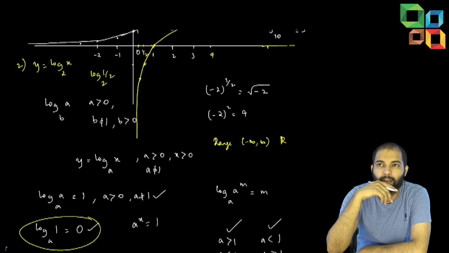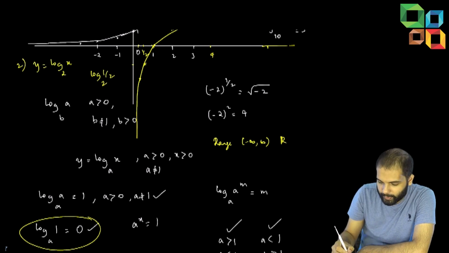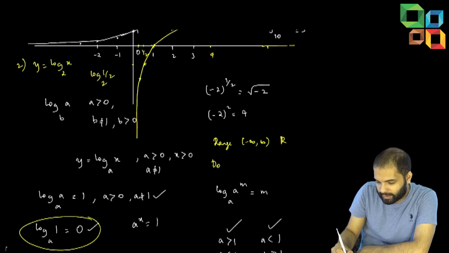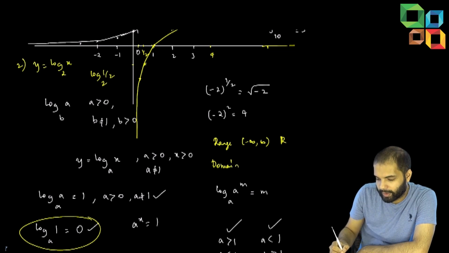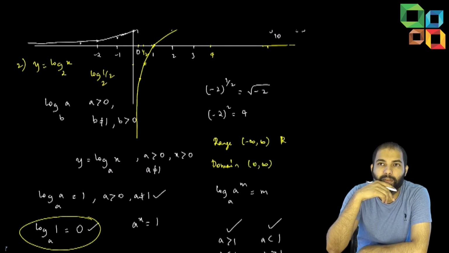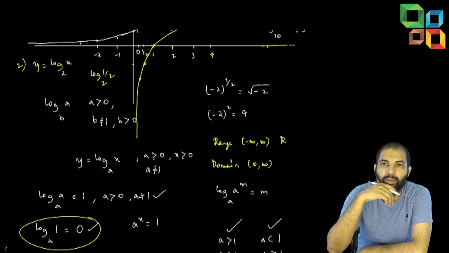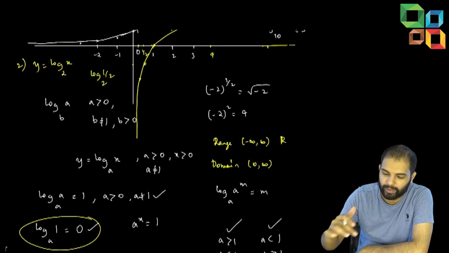Okay. Domain, now, if you ask, these terms we have discussed in functions. Domain is the input. We have seen that it takes input only from 0 to infinity, right? So the domain will be 0 to infinity and the range will be minus infinity to infinity.